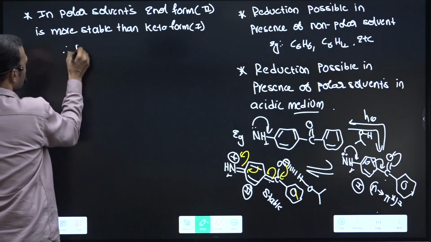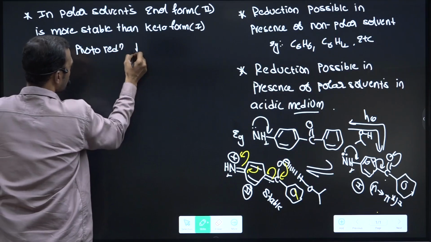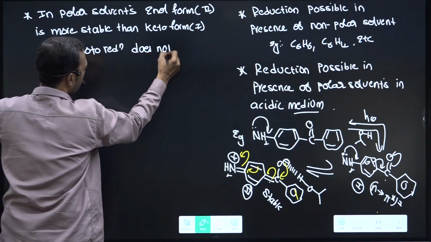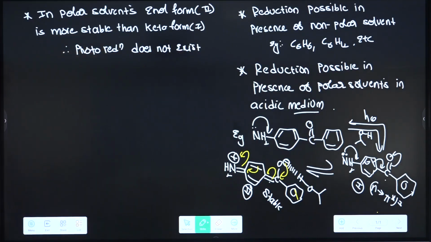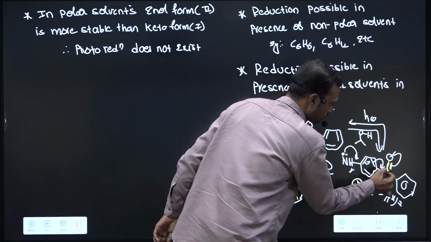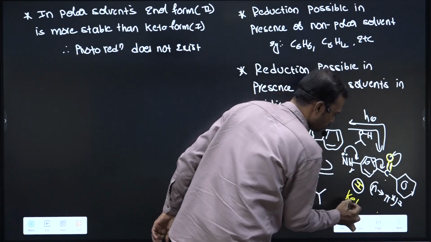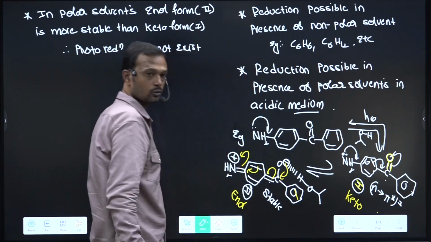Therefore, photo reduction does not exist. Photo reduction of carbonyl does not exist. This is keto form. First one is keto. See, there is a presence of carbonyl, that's what is called keto.